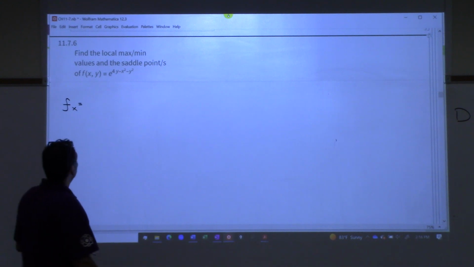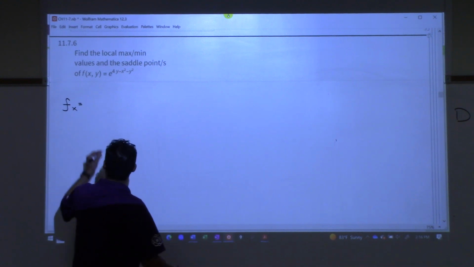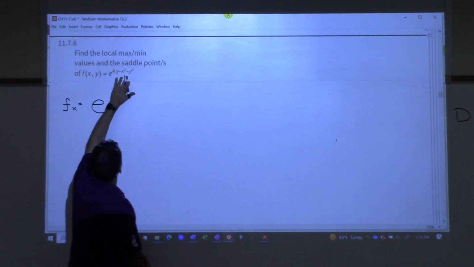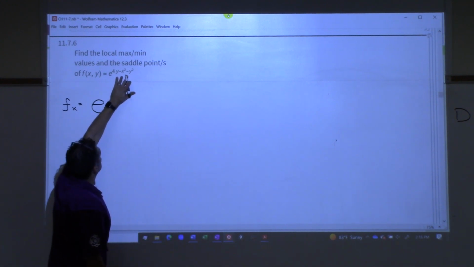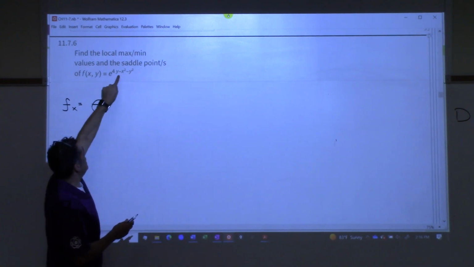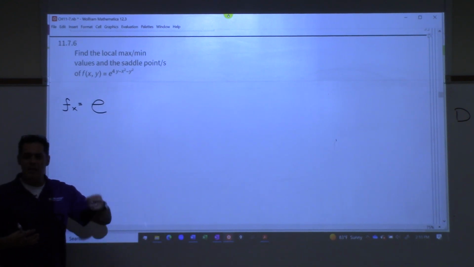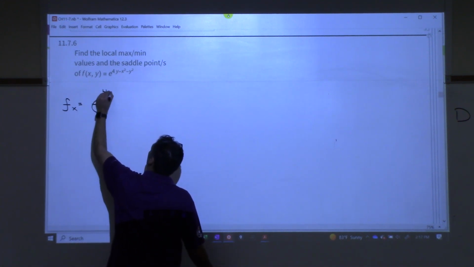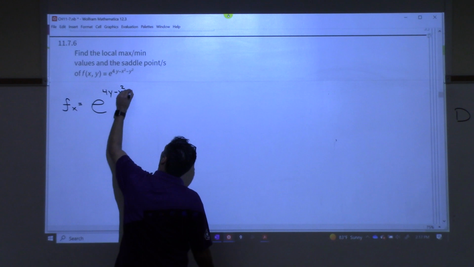Okay. So it's just that function here, and then you do the partial of the powers, which would be minus 2x. Minus 2x. Everyone agree? That looks good. So the derivative of e to anything is itself, right? And then times the derivative of what's up here. So I'm going to write e to the 4y minus x squared minus y squared.